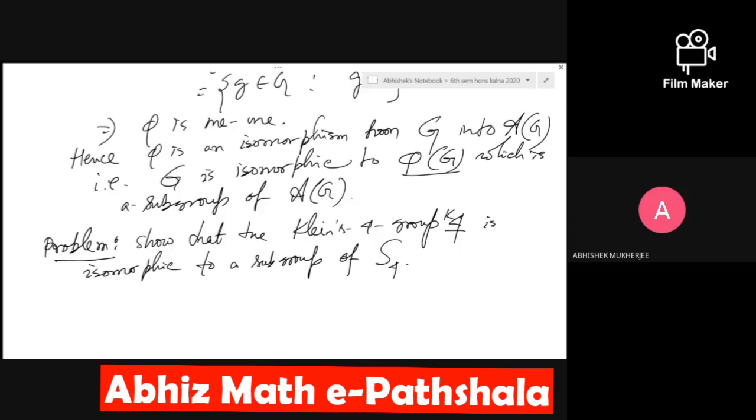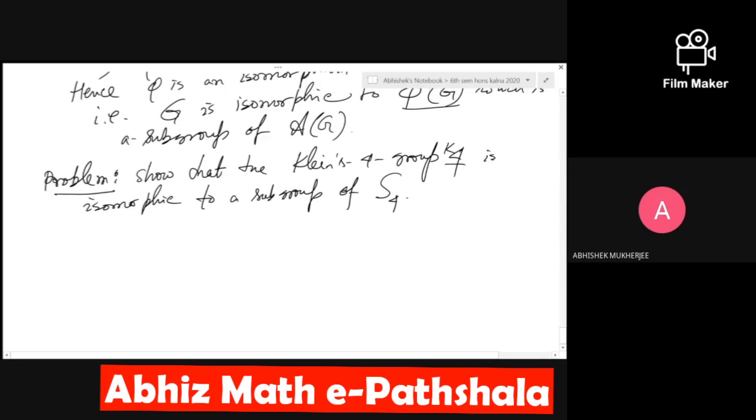But how does it work? What is the process through which we can represent K4 in S4? We have to represent the elements of K4 as elements of that symmetric group.